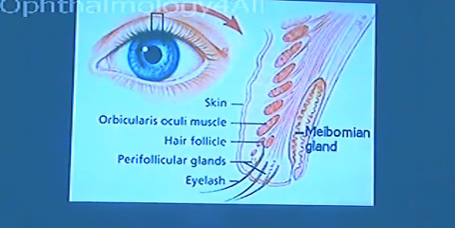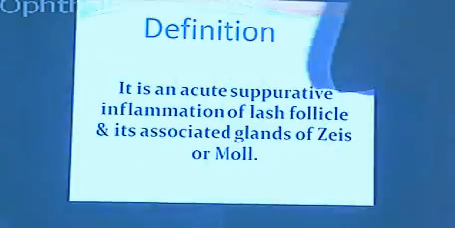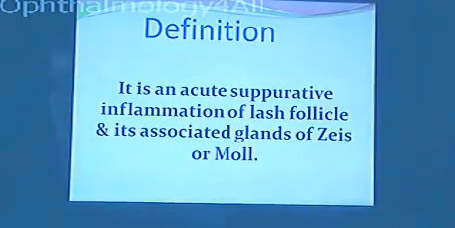At the margin of the eyelid there are eyelashes, and attached with eyelashes there are glands of Zeiss and Moll. Stye is basically infection of the gland of Zeiss at the hair follicle. It can be defined as acute suppurative inflammation of the lash follicle and its associated glands of Zeiss and Moll.